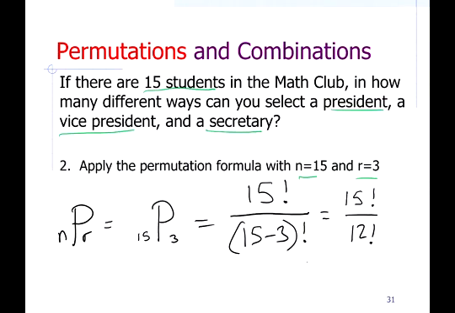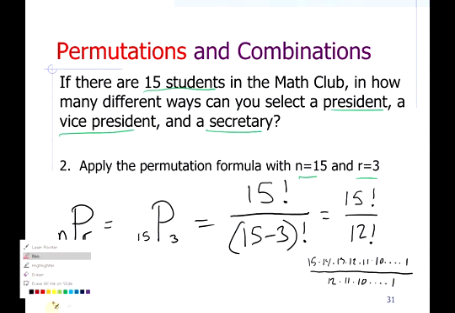So if we have 15 times 14 times 13 times 12 times 11 times 10 all the way down to 1 on top, and on the bottom we have 12 times 11 times 10 all the way down to 1, well, look what happens. The 12s cancel, the 11s cancel, the 10s cancel.